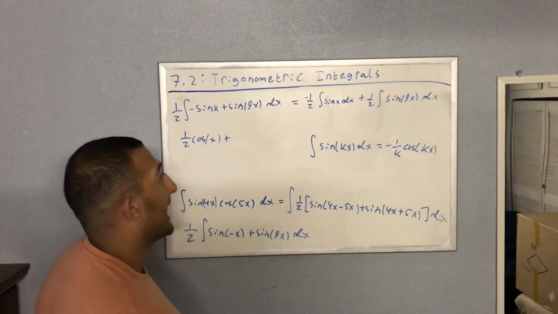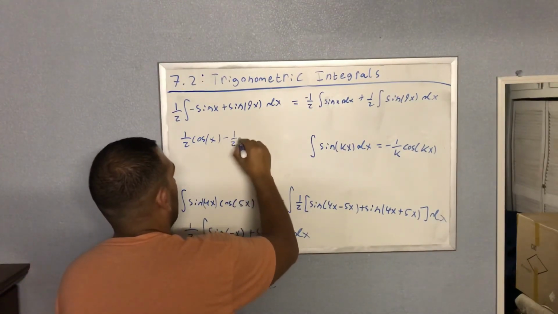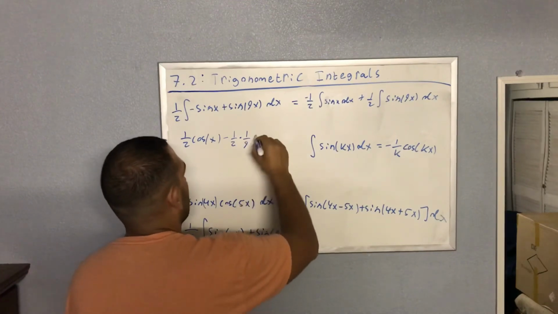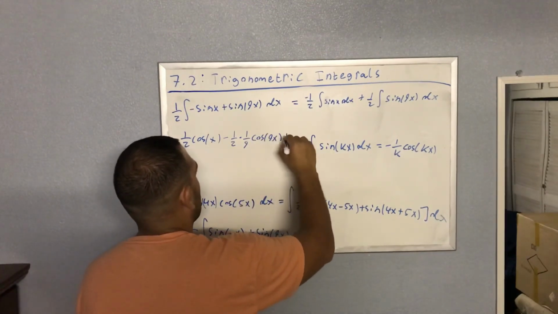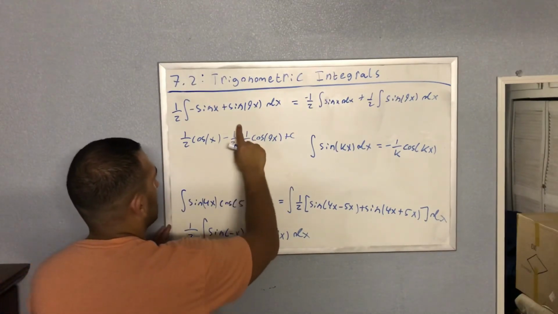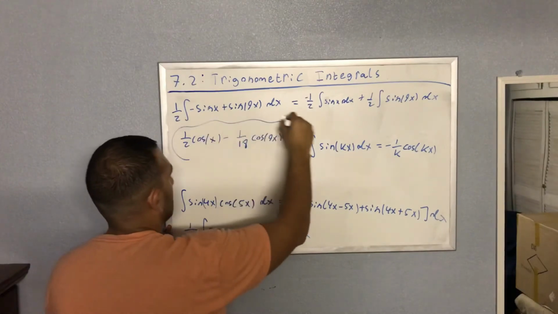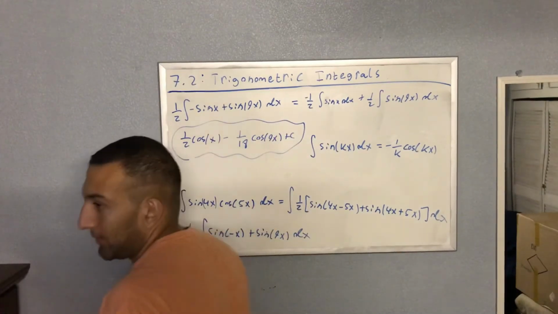In this case, k is 9. So this is minus 1/2 times 1/9 cosine of 9x plus c. And 1/2 times 1/9 is 1/18, negative 1/18. And so this is the final answer.